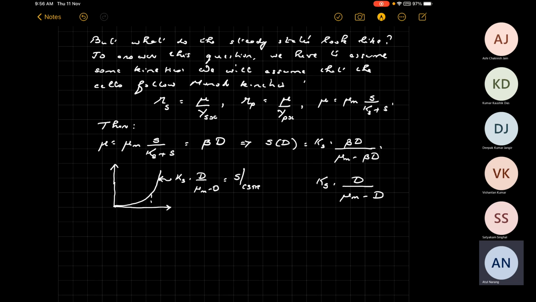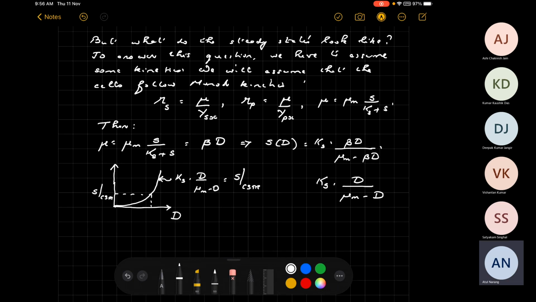At any D, it gives me the value of S, which is S CSTR. Now, at the very same D, the concentration in a recycle reactor will have to be calculated by taking not D, but beta D, which is a lower number.